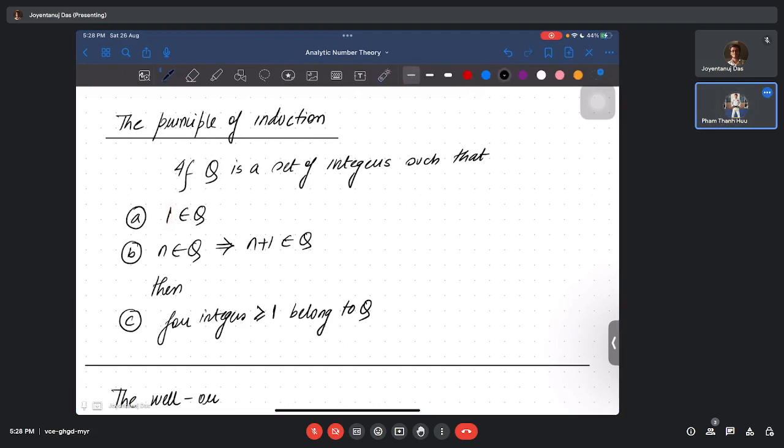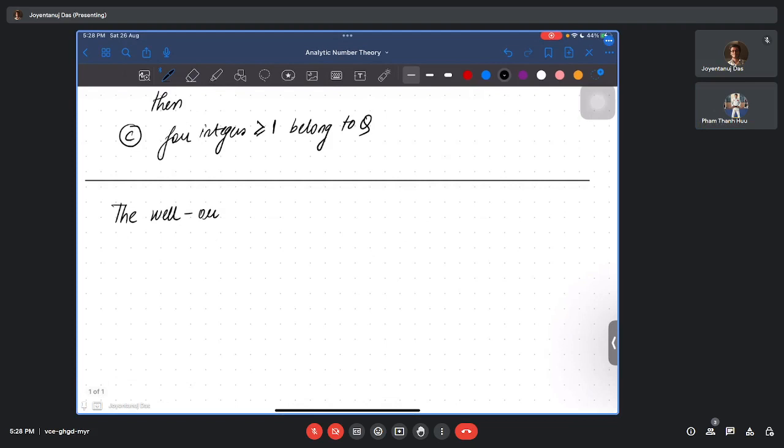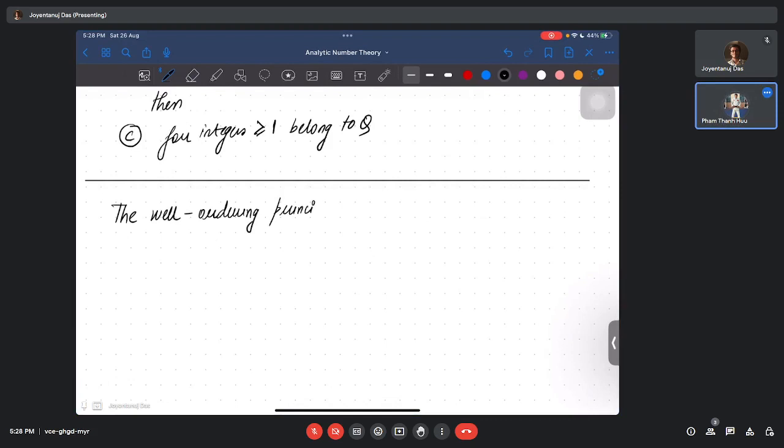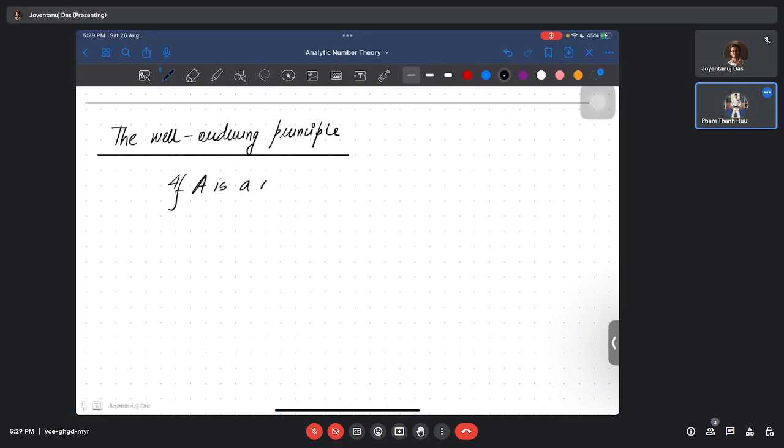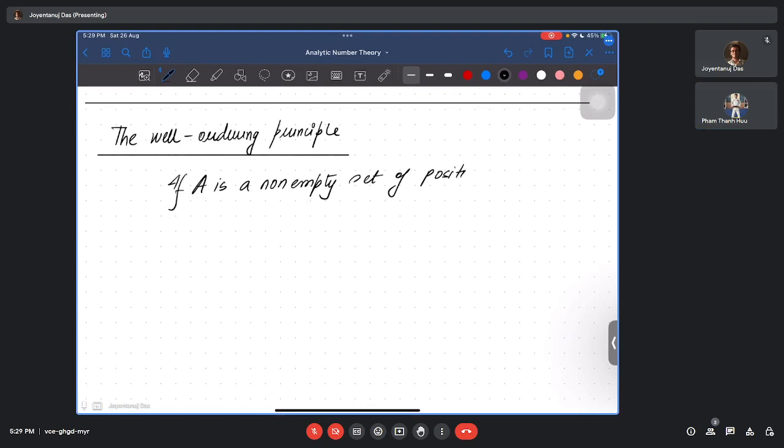So the next one is the well ordering principle. So it says that if A is a non-empty set of positive integers, then A contains a smallest member.